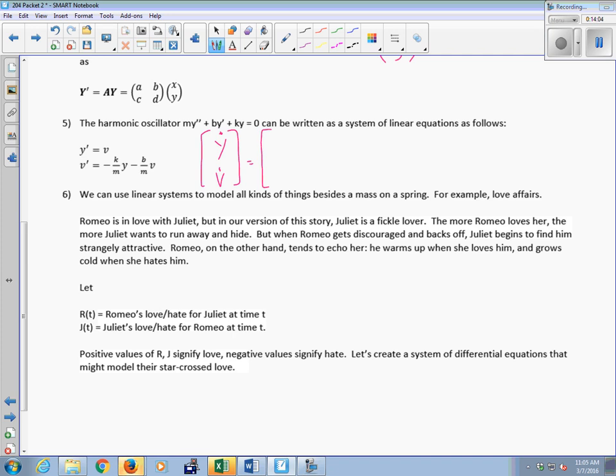What is my coefficient matrix for the first row? 0, 1, because I'm going y, v is my order here. And then for my second equation, my coefficients are negative k over m and negative b over m. And that should get multiplied times y, v.